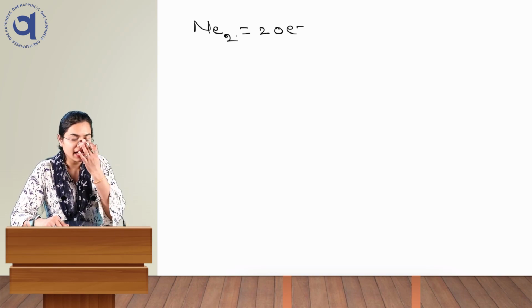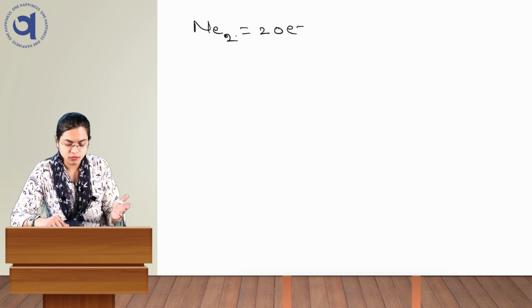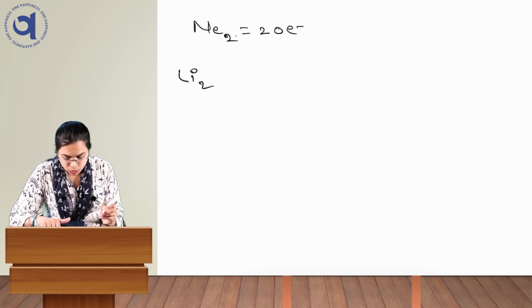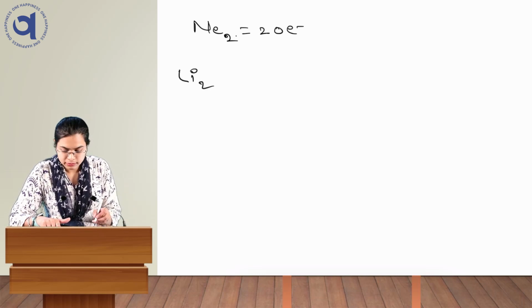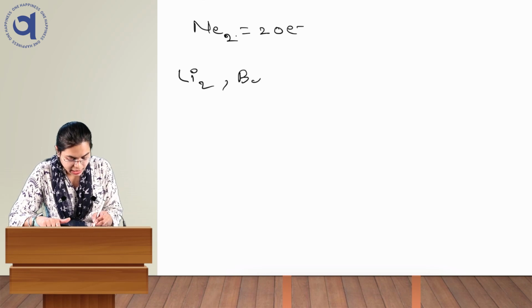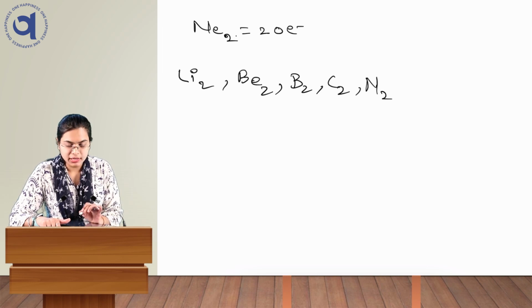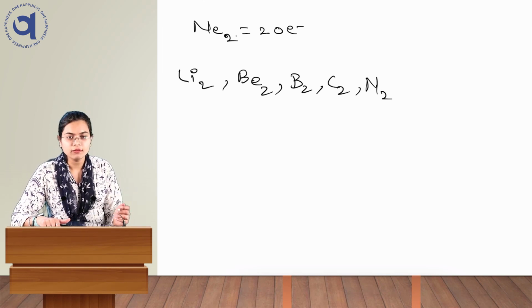diatomic molecules have fewer than 14 electrons, for example dilithium Li2, Be2, B2, C2, N2: dicarbon, dinitrogen, diboron, diberyllium, dilithium, they follow a different order.